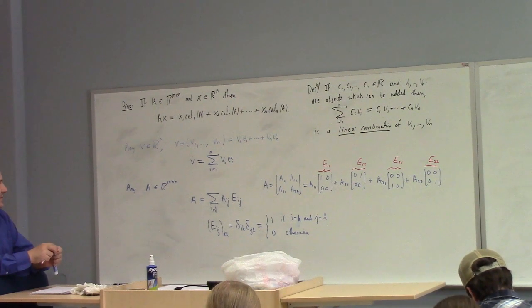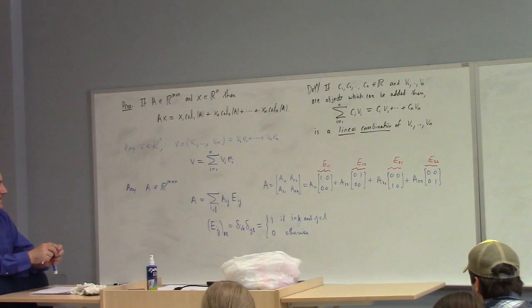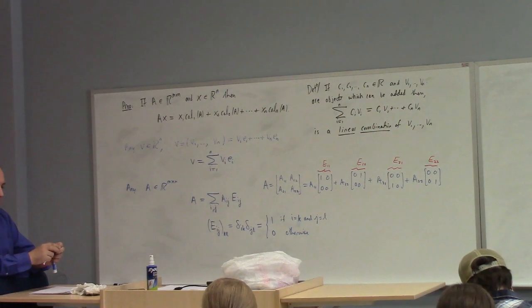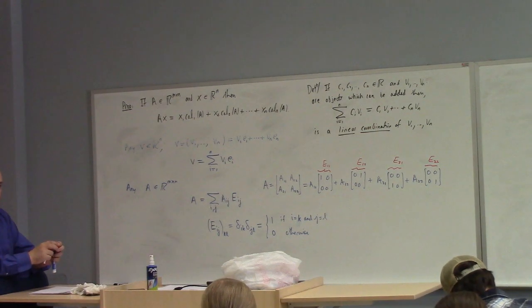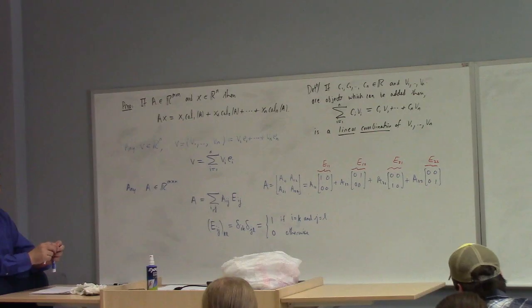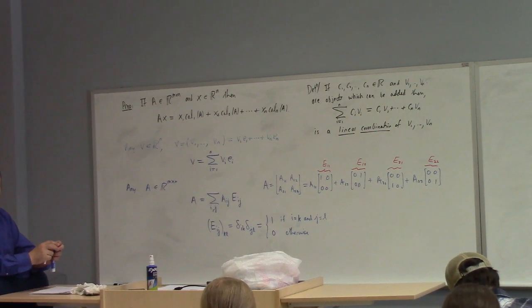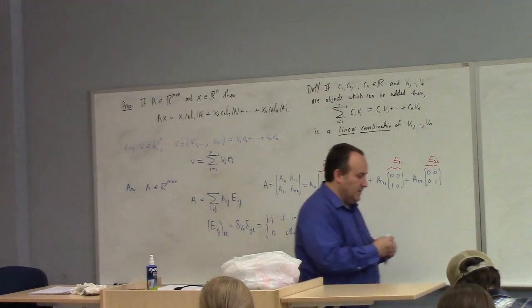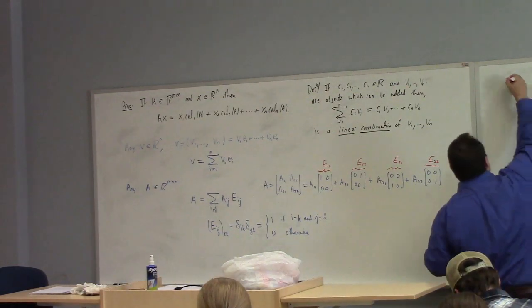So one of the problems we want to understand today is the problem of when is it possible to write one vector as a linear combination of other vectors. This is the so-called spanning problem. So let me write the problem out here. So here's the problem.